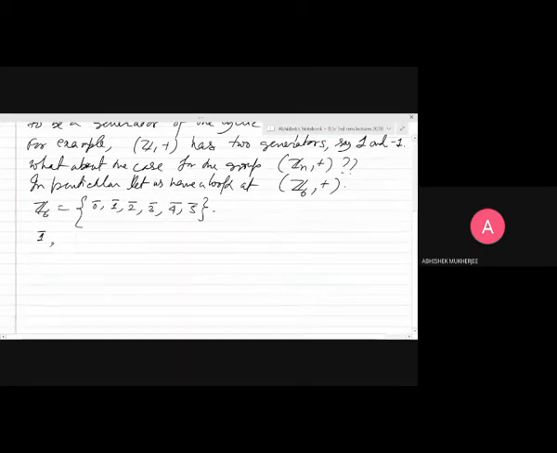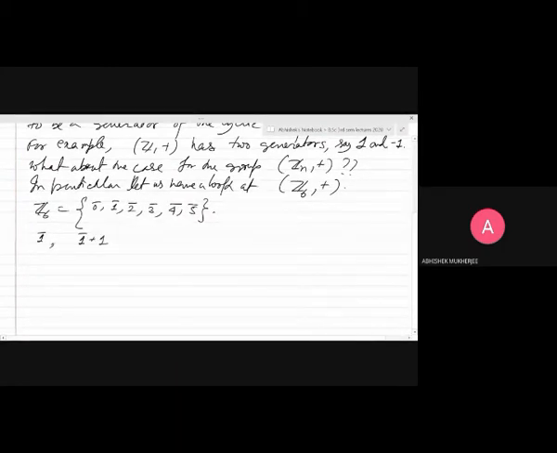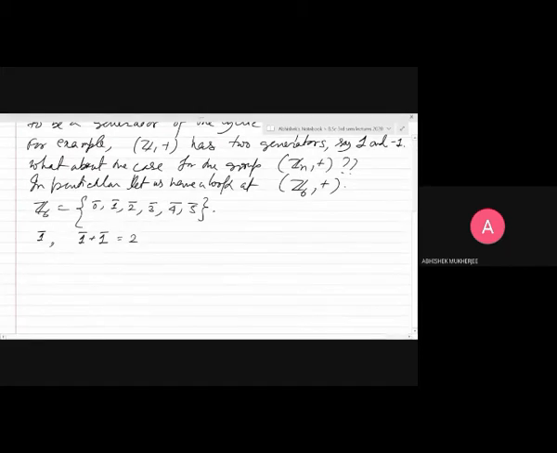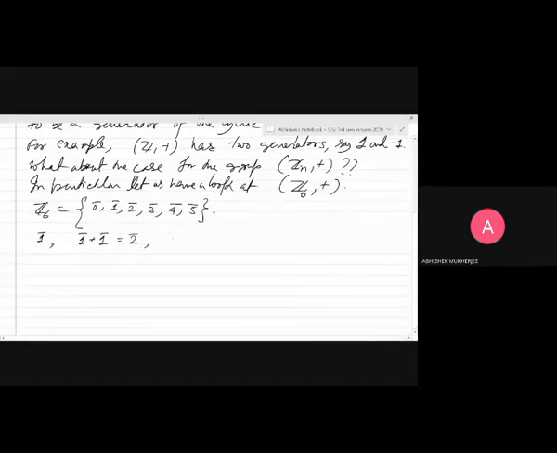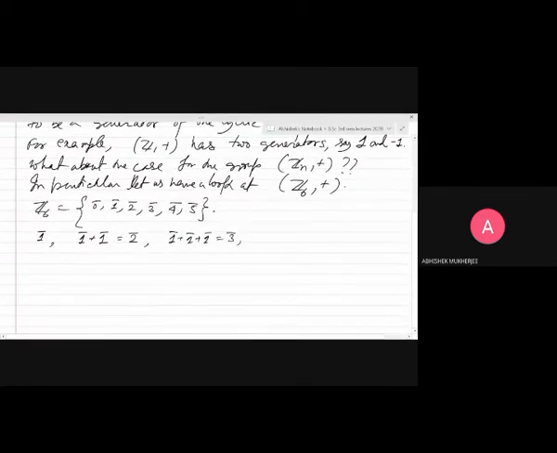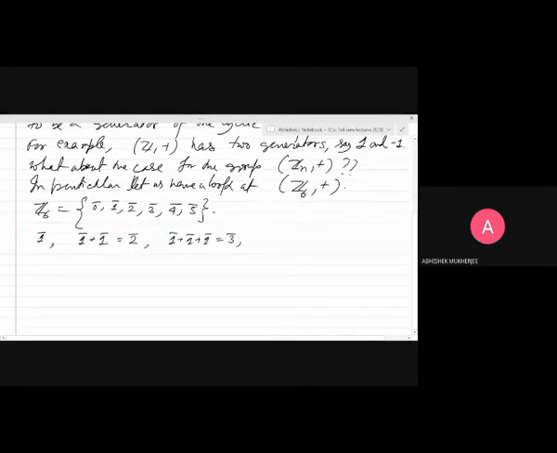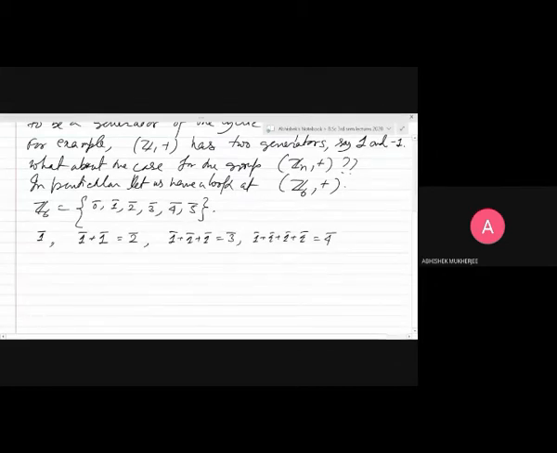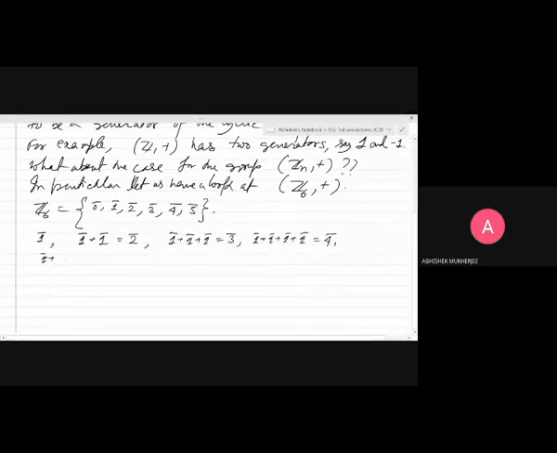Then 1 class plus 1 class is 2 class. 1 class plus 1 class plus 1 class is 3 class, then 4 class, and then 5 class.